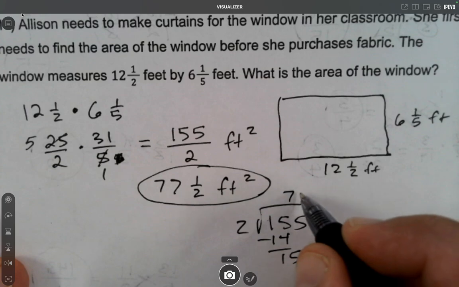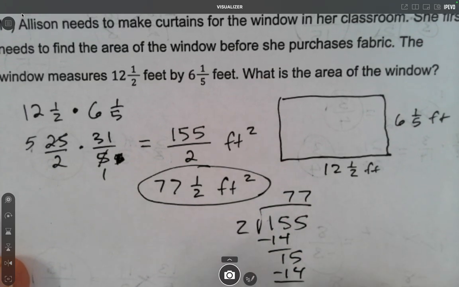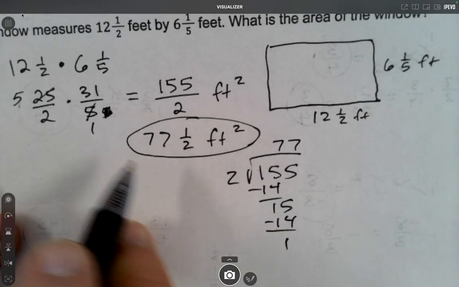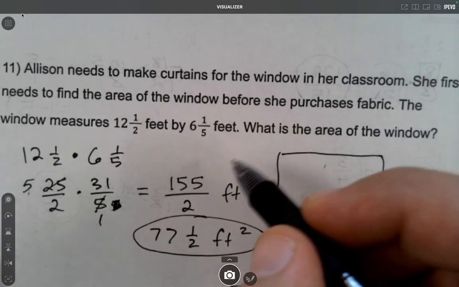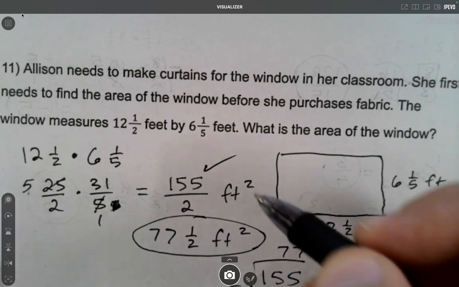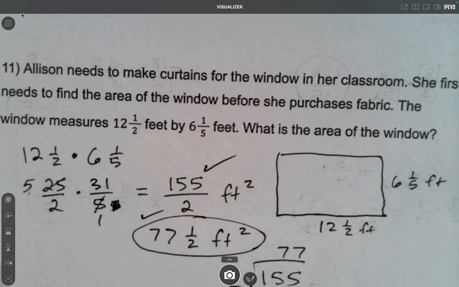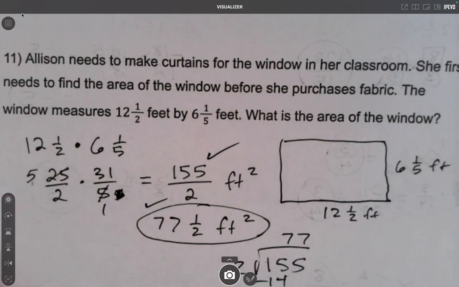And then the remainder is 1. So that's how we get 77 and a half square feet. Again, I wouldn't take off any points on a test or quiz if you gave me this answer. But practically speaking, in this word problem, the mixed number is the better answer.